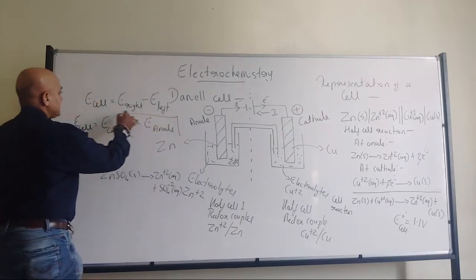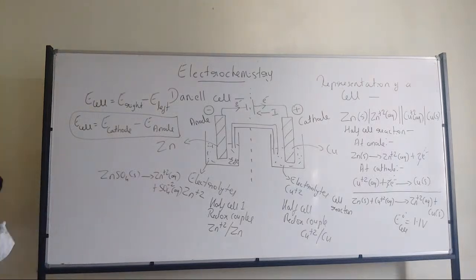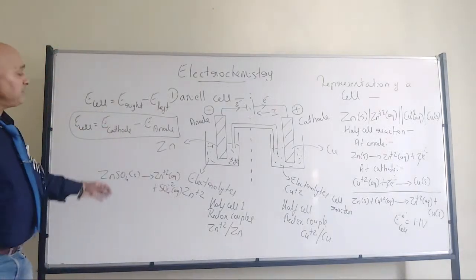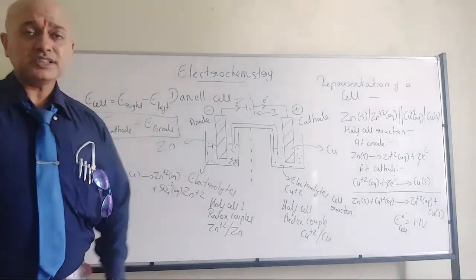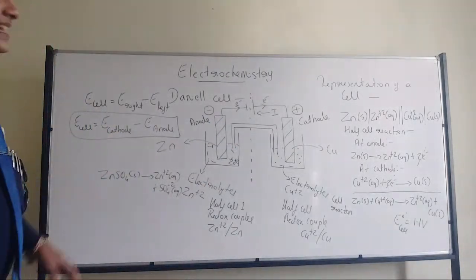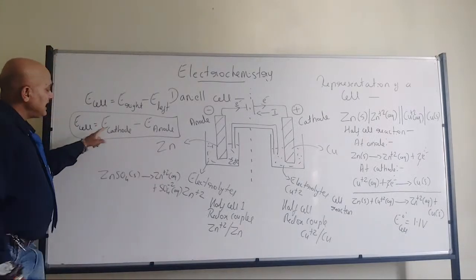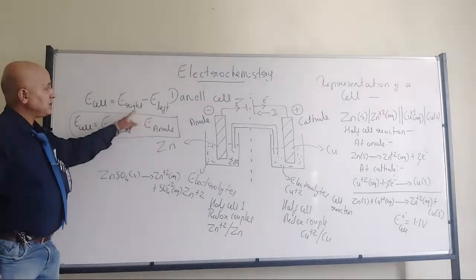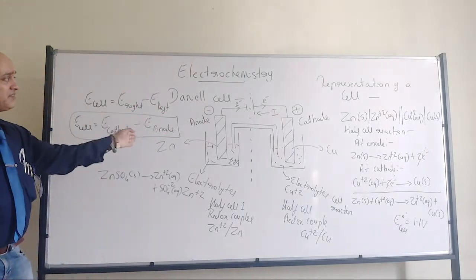That is how cell potential is calculated. You can expect a question where they give the values of the half reactions at cathode and anode, and you have to calculate the cell potential. So remember this equation, where the cathode is written first, then the anode: right minus left. Right side is cathode, left side is anode.